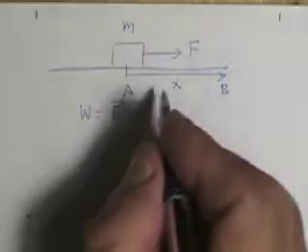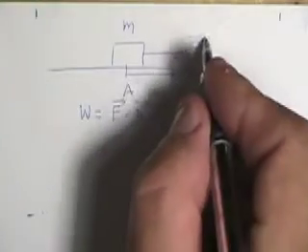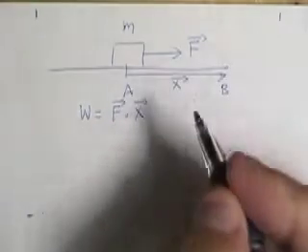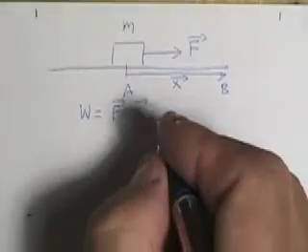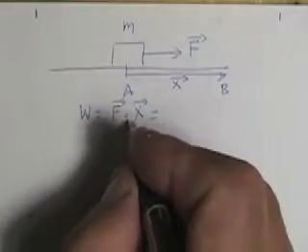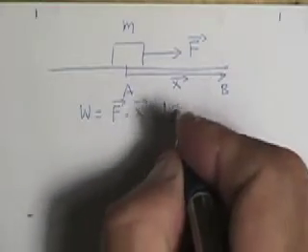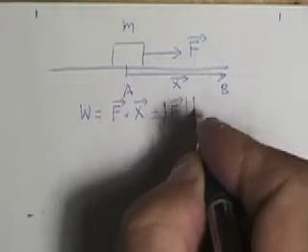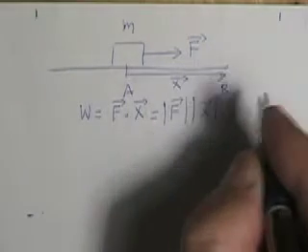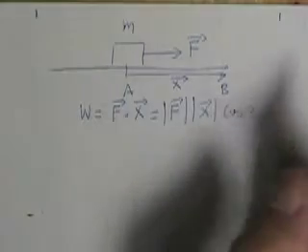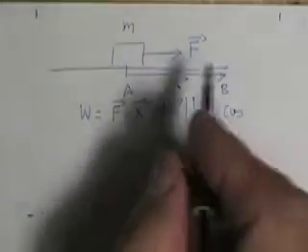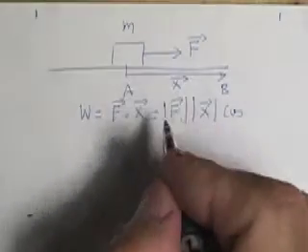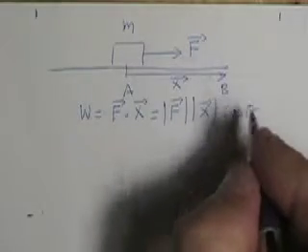This is the dot product between the vector F and the vector x. By definition, F dot x is equal to the magnitude of the force times the magnitude of x times the cosine of the angle between F and x, which we call theta.